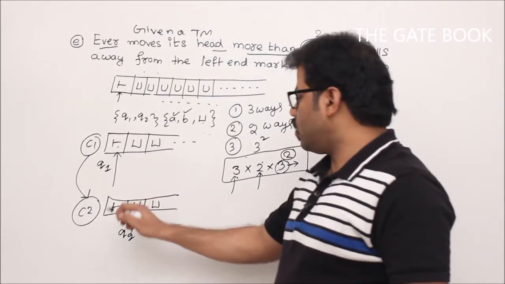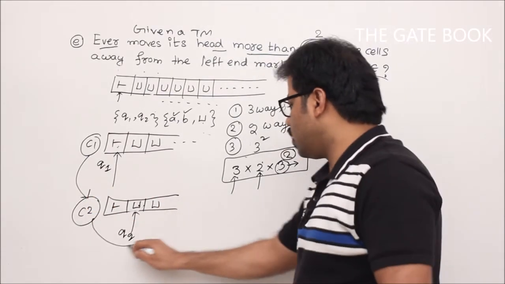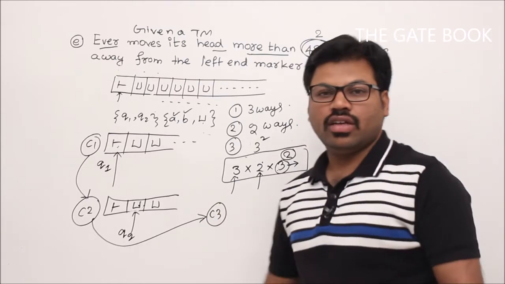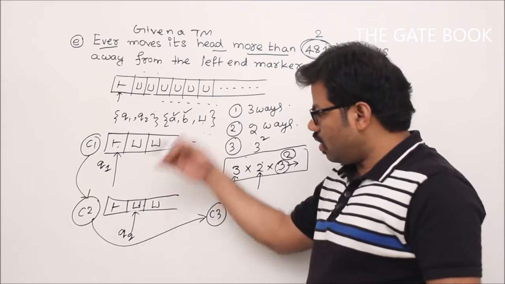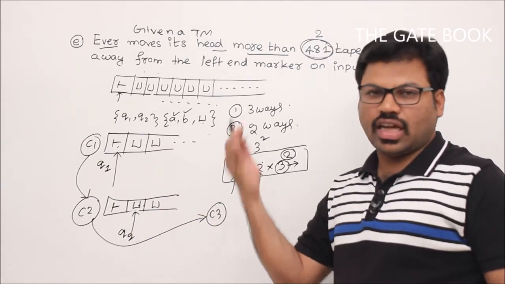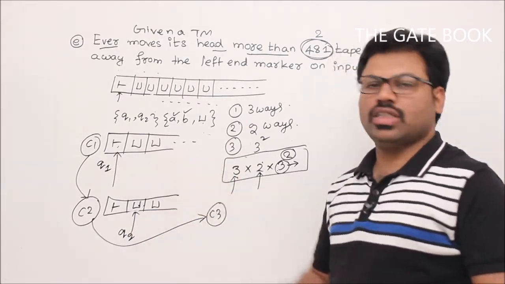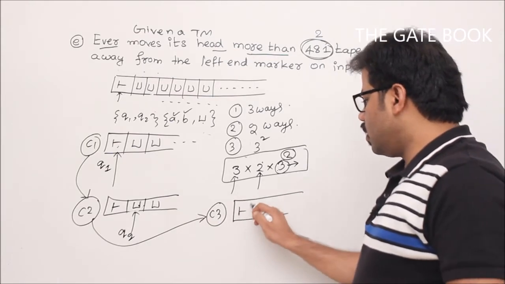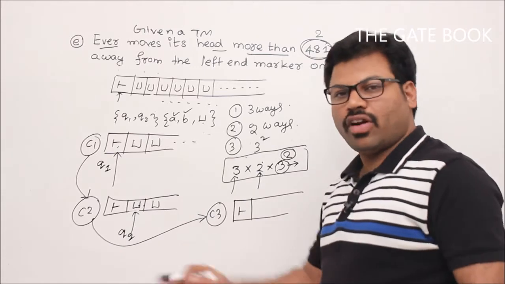Similarly, from configuration 2 we can go to another configuration. Let me show that. So what is configuration 3? Tell me one possibility. Don't ask me, sir, why like this? Why not in other way? Yes, other way is also possible, but I am taking one of the possibilities. So the third configuration possible is, this time I would like to go right, but I want to change the state.